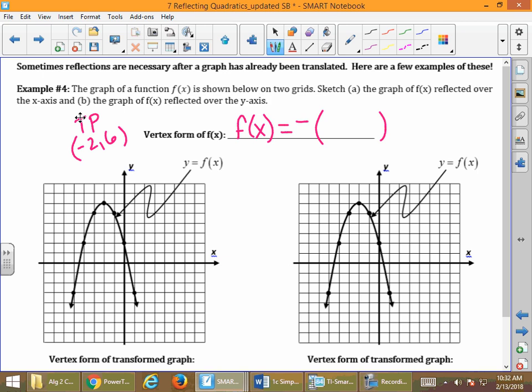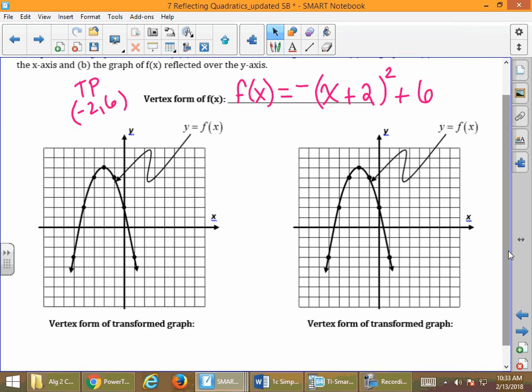Now, this is going to be something squared. Is it going to be minus 2 or is it going to be plus 2? It's going to be plus because remember, we changed the sign to get the negative 2. And then the outside sign stays the same. So there's the vertex form of the given quadratic.